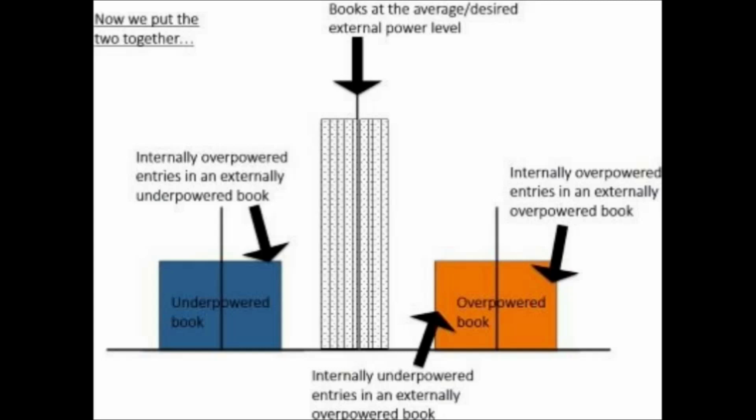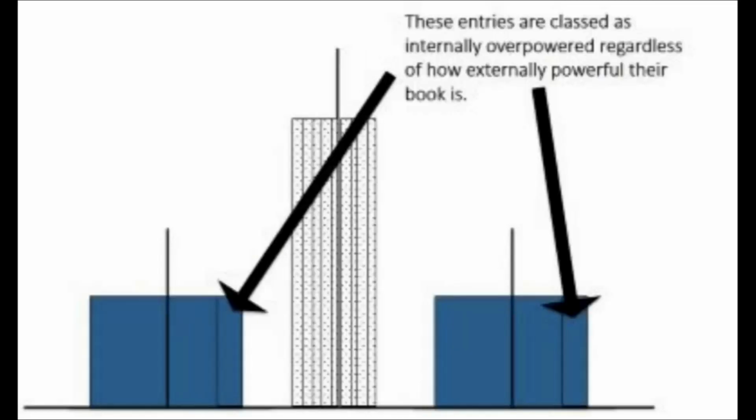So even a theoretically overpowered book can have units which are internally underpowered. Here we see the internally overpowered entries of the blue book, despite one book in total being overpowered and the other in total being underpowered.